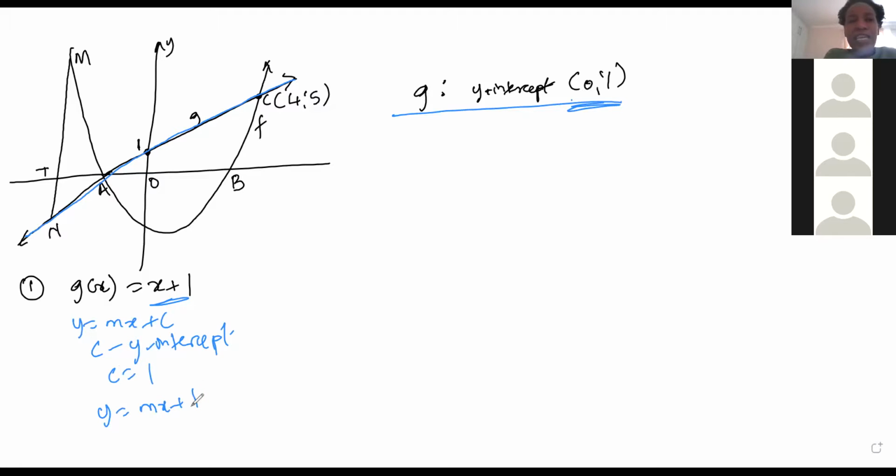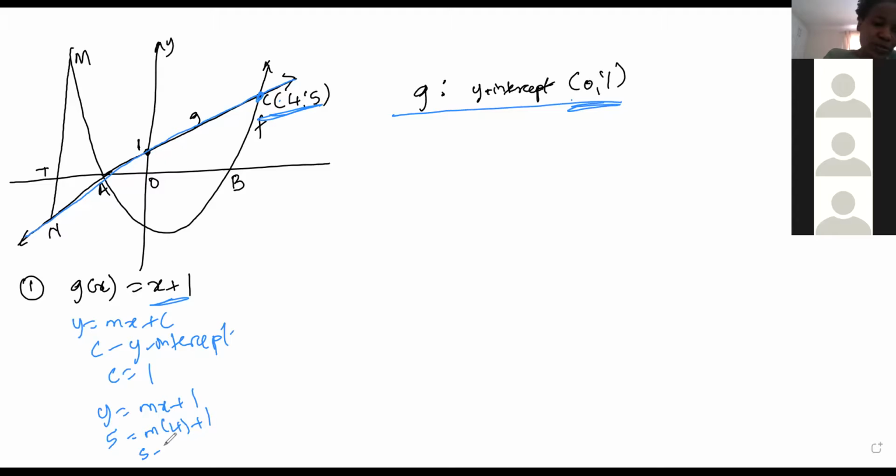Then you know again that line G cuts the graph F at point C. They gave us coordinates, so you've got a coordinate that is on that very same line. So we take these coordinates of C, we substitute them here, then we get our value of m. Then we can have our equation. So we have 4 and 5. Y is 5, the value of x is 4, plus 1. So if I bring 1 to the other side, I'll have 5 minus 1.